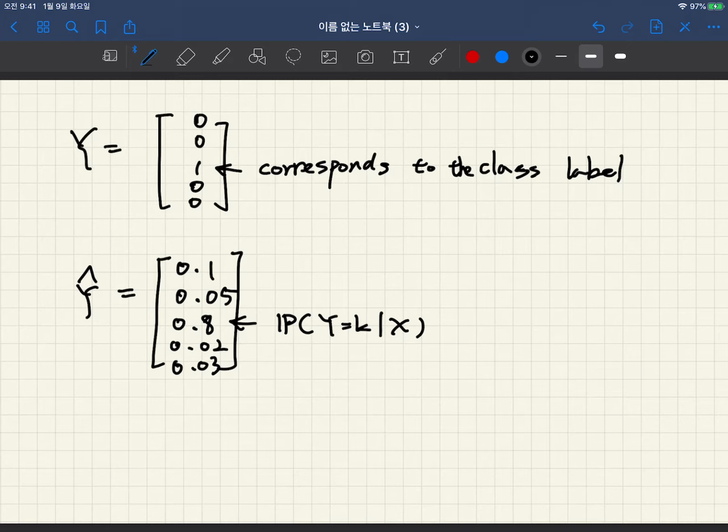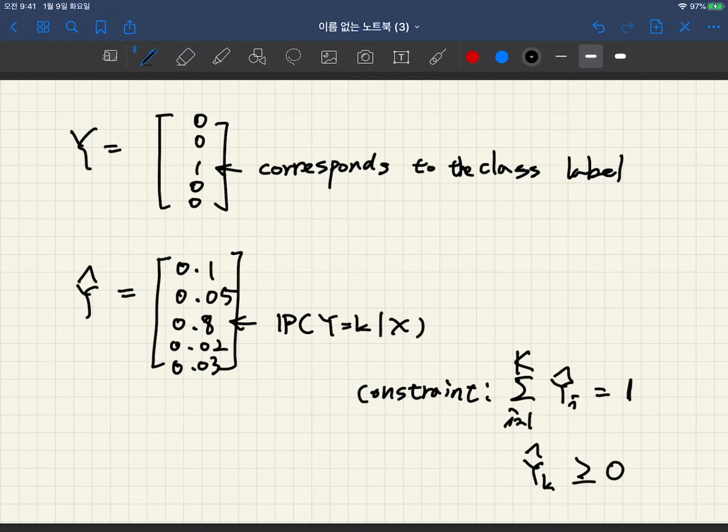Okay, so there is a constraint. The sum of output values must be equal to 1, and each y hat k should be non-negative for all k.